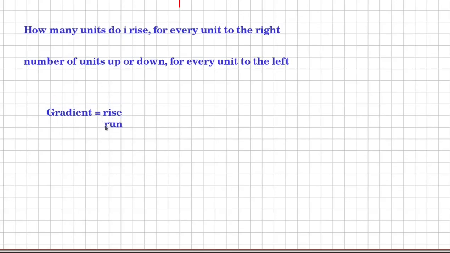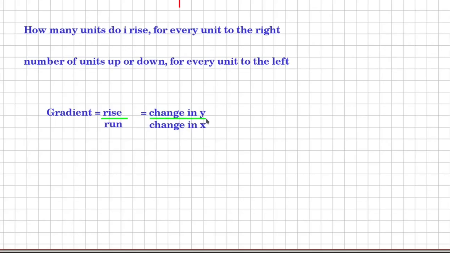So that's gradient, rise over run. So basically, what is this thing? Rise is actually the change in y. The run is the change in x, which is the horizontal axis.